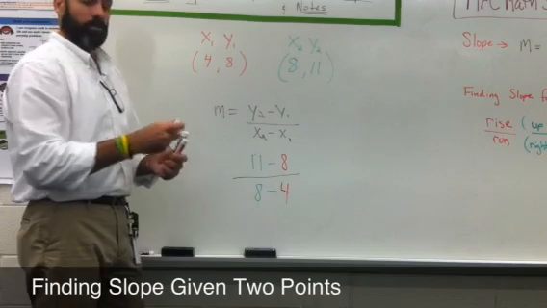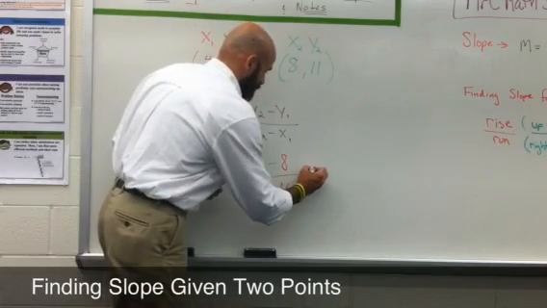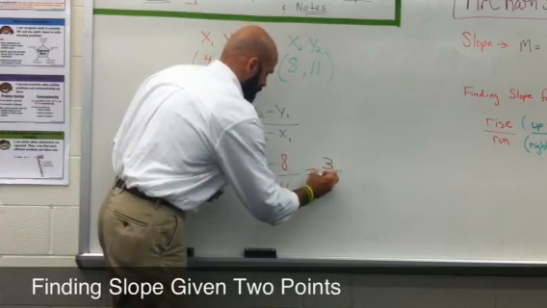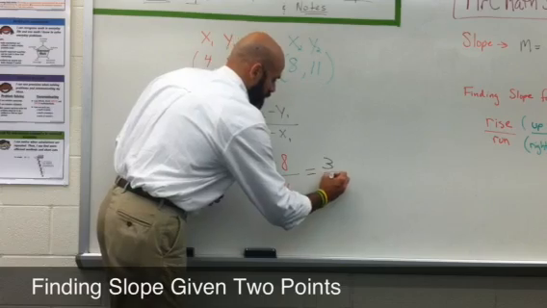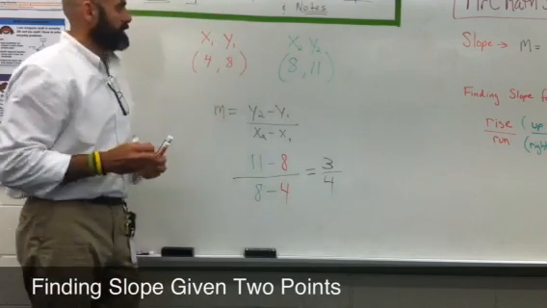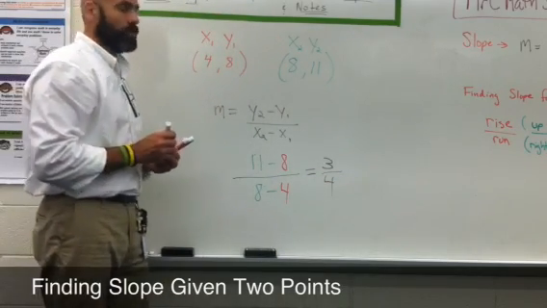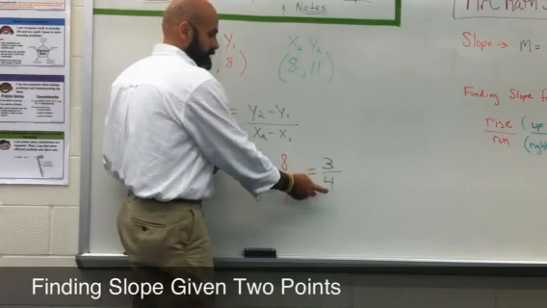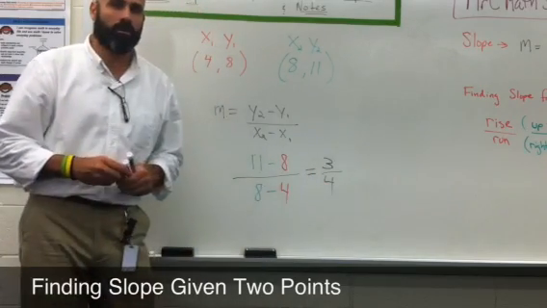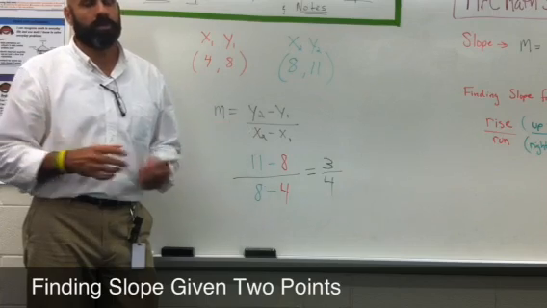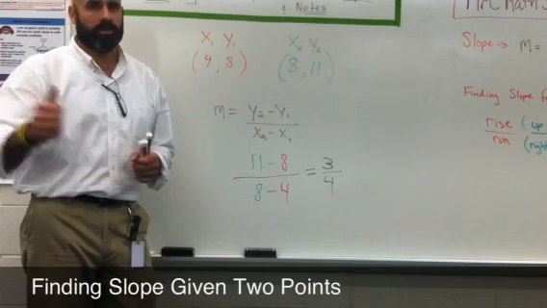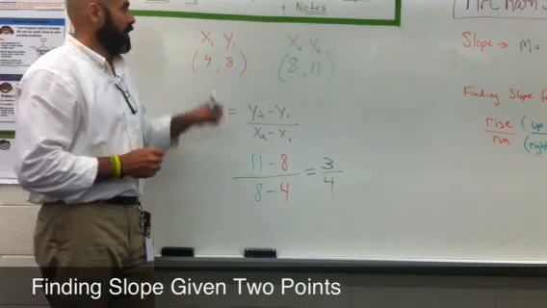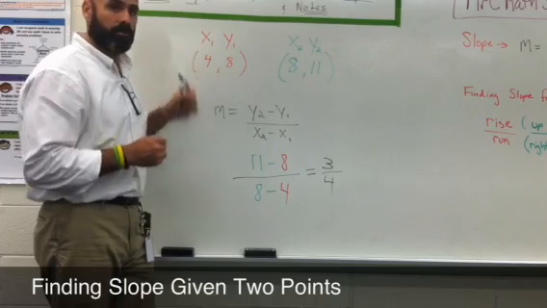And I just go ahead and subtract across. 11 minus 8 is 3. 8 minus 4 is 4. My slope for this set is 3/4. 3 over 4. Rise of 3, run of 4. Okay, those were the 3 ways you can go ahead and find slope: using a table, using a graph, or just given 2 pairs of coordinates.